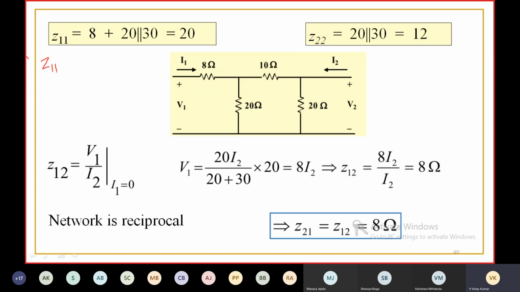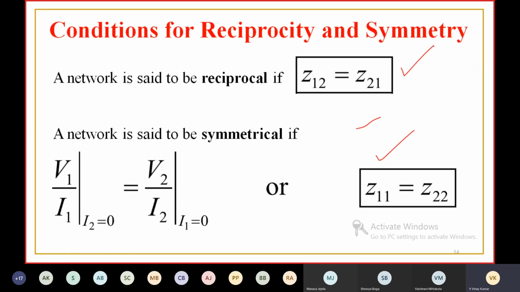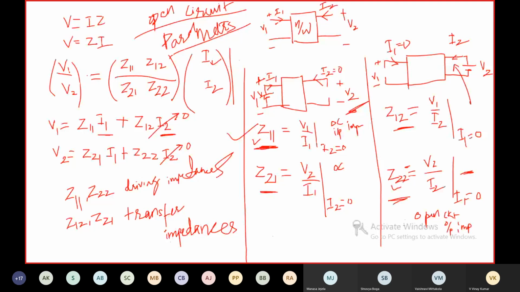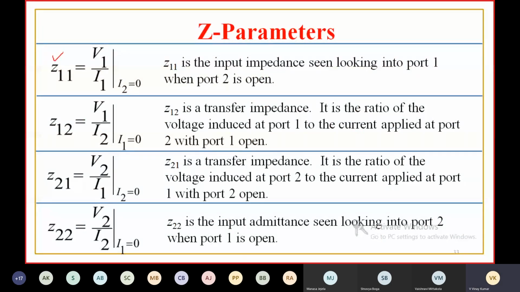Z11 is equal to V1 by I1. Z means impedance, and impedance is the ratio of voltage to current. So all Z parameters are equal to the ratio of voltage to current.